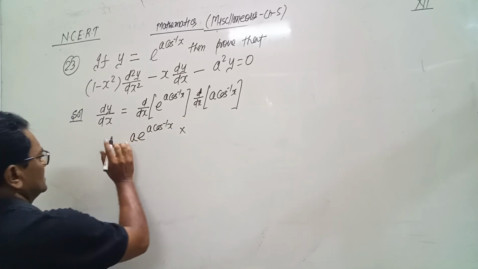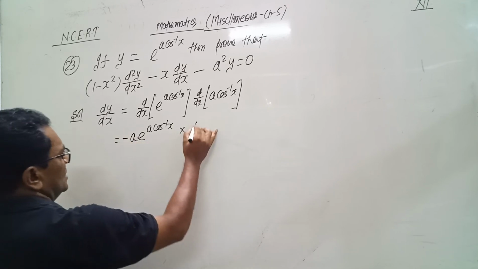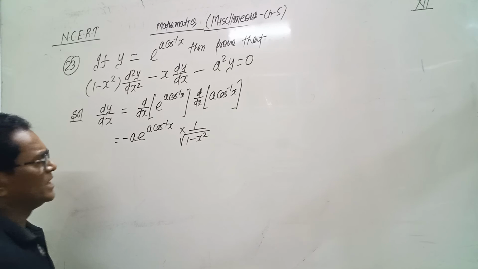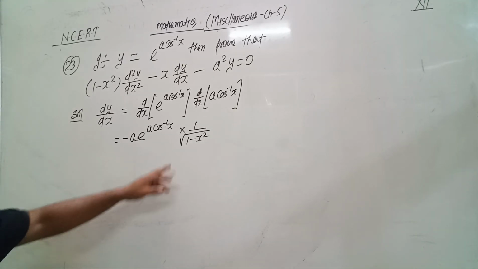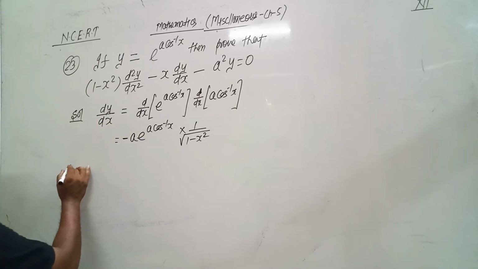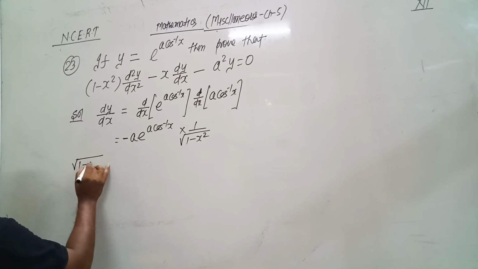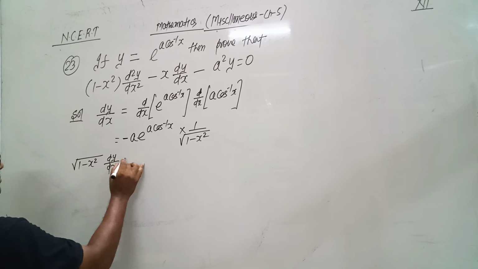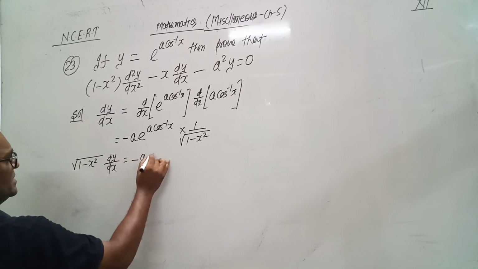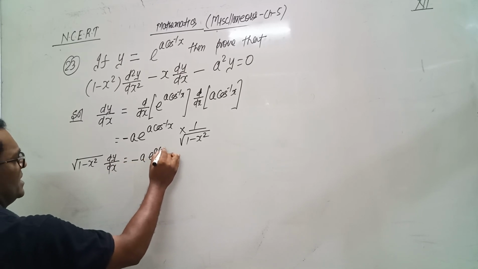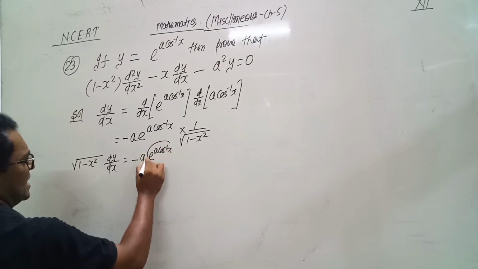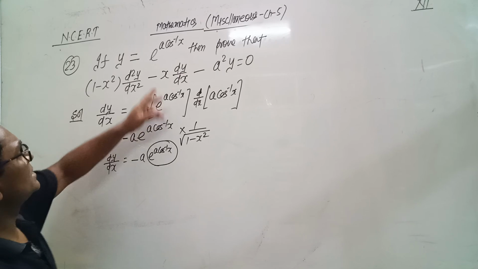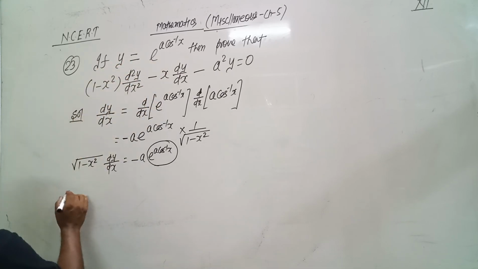Differentiation of cos inverse x is minus 1 by root 1 minus x square. So do cross multiplication: root of 1 minus x square dy/dx equals minus a into e raised to the power a cos inverse x, and the value of e raised to the power a cos inverse x is written as y.